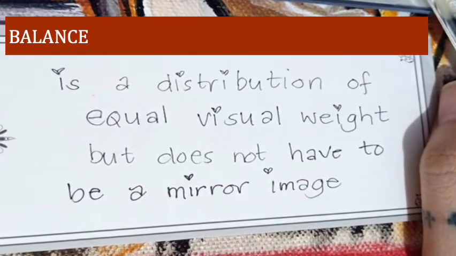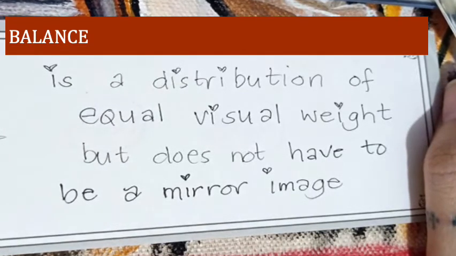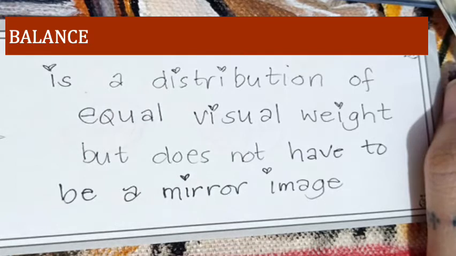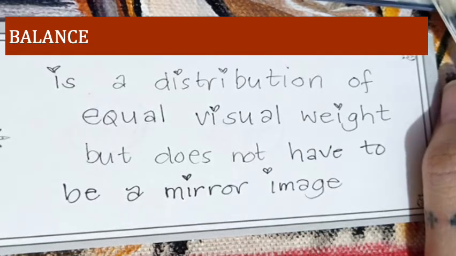Okay? Now let's talk about the different types of balance used in most artworks. Although there are instances that artists tend to do some symmetrical, and that is our first example of balance, symmetrical balance.